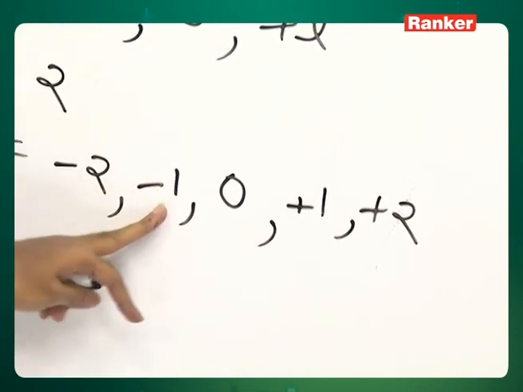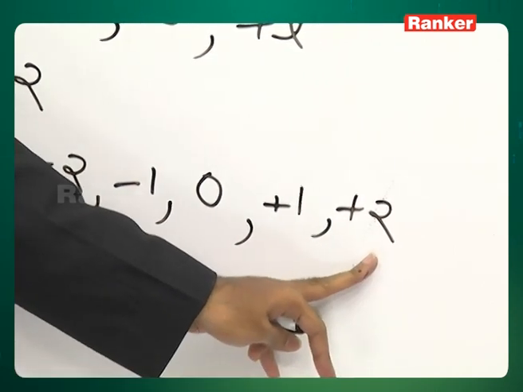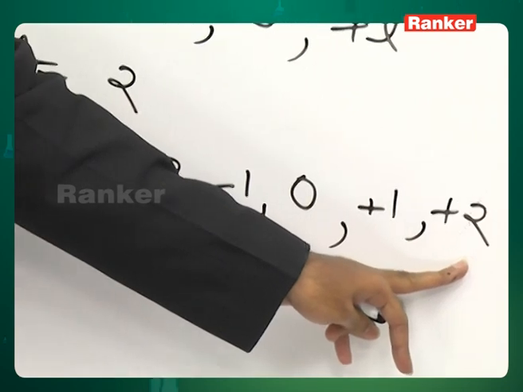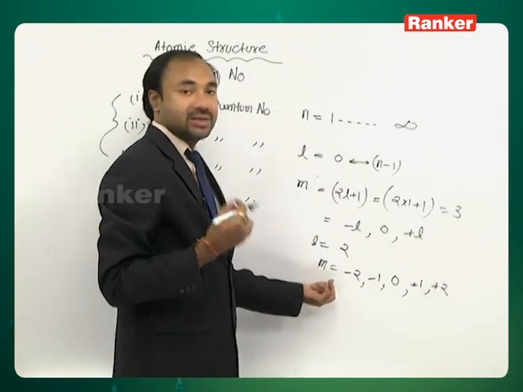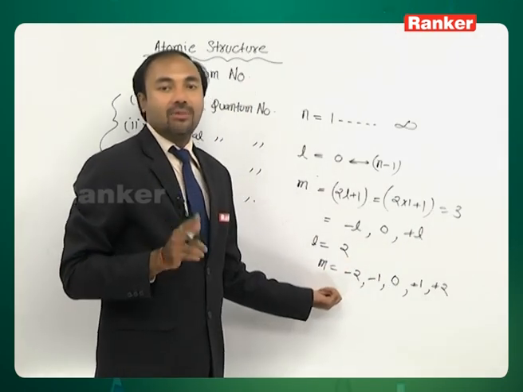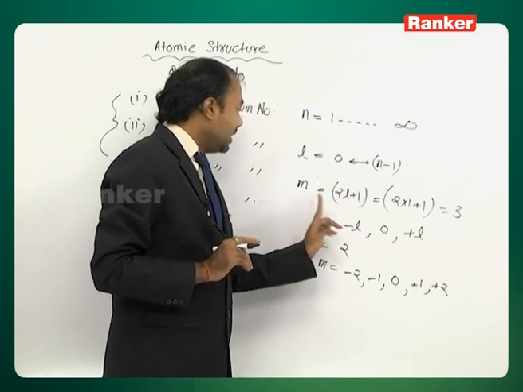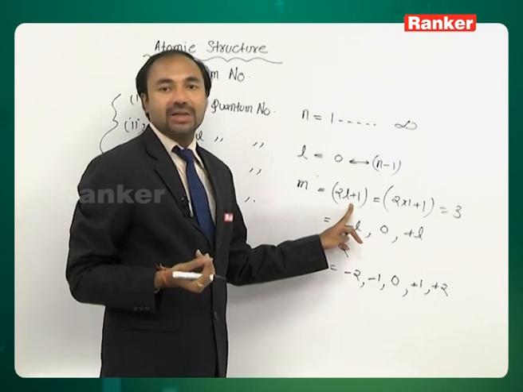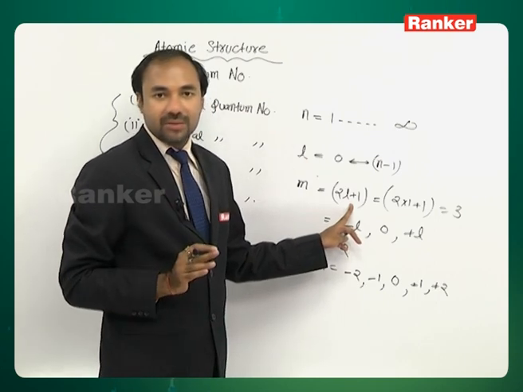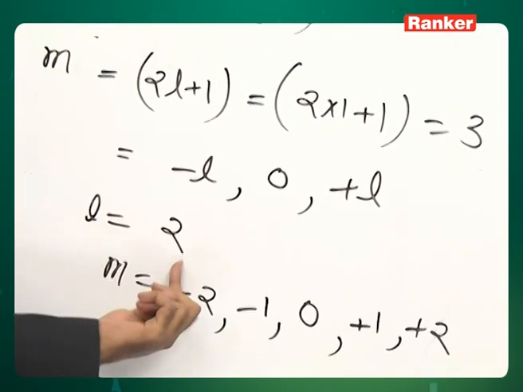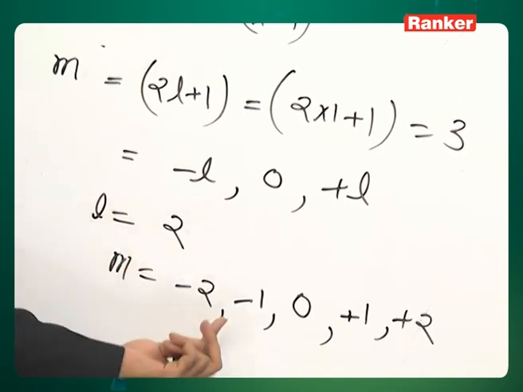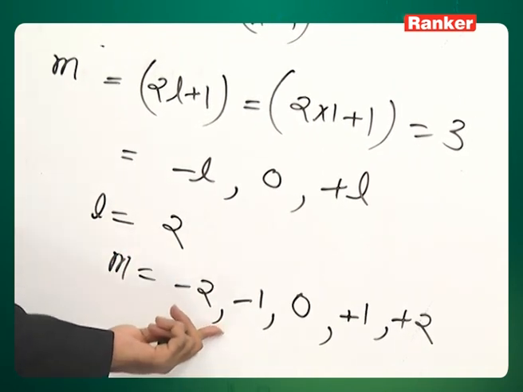So 1, 2, 3, 4, 5, a total of 5 values we will have. And as we discussed here, M tells us about the number of orbitals. Means L equal to 1, P subshell, we will have 3 p orbitals. Similarly, L equal to 2, D subshell, we will have 5 d orbitals.